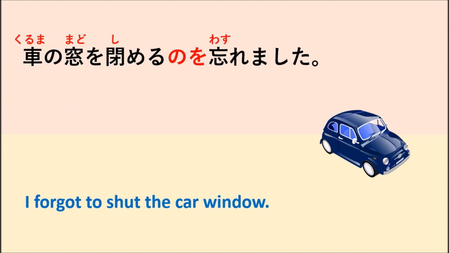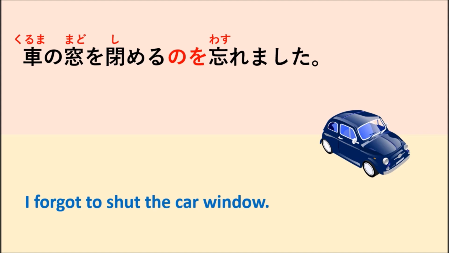What you have to know about this sentence is that we have two parts. The first part is the small sentence. Here, 車の窓を閉める is the small sentence, and it expresses some situation or some event that is happening.